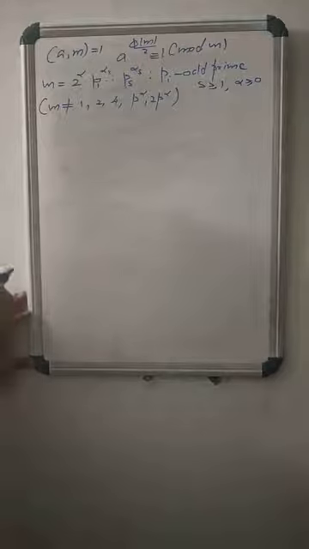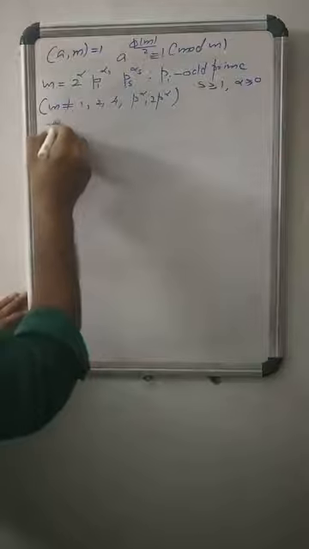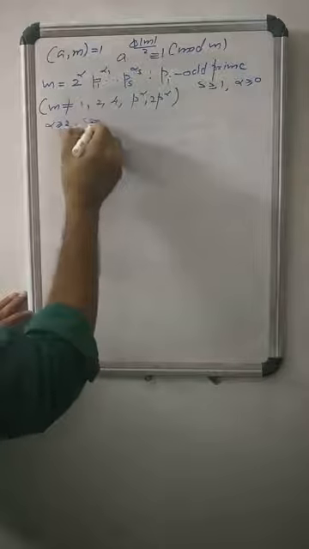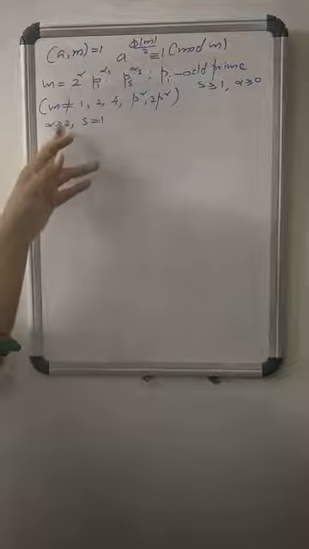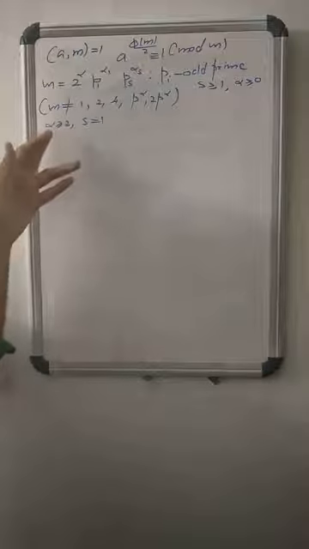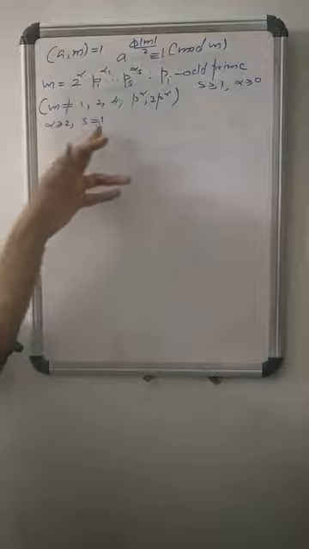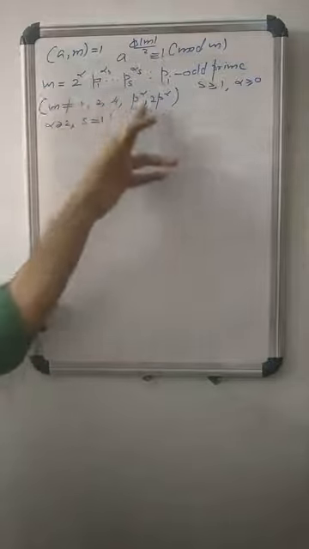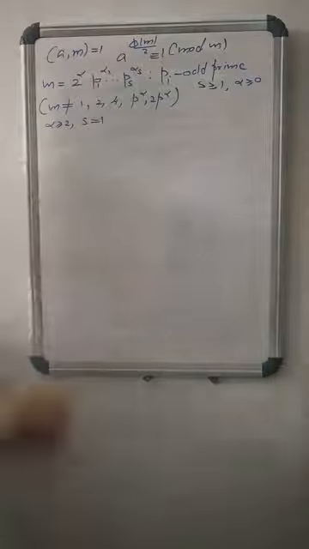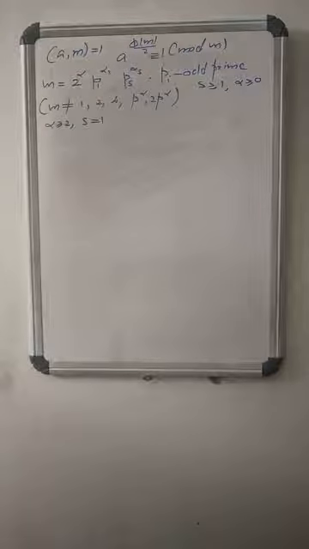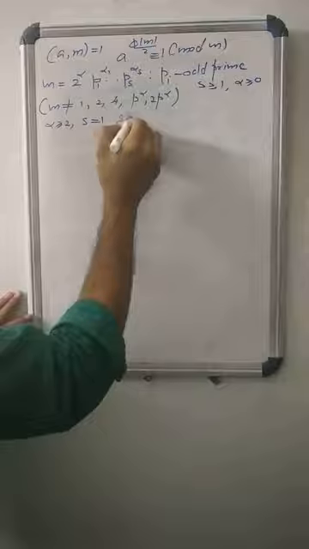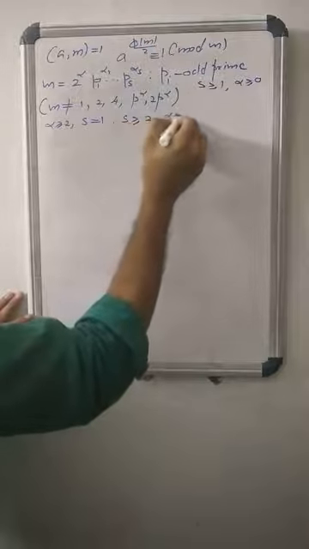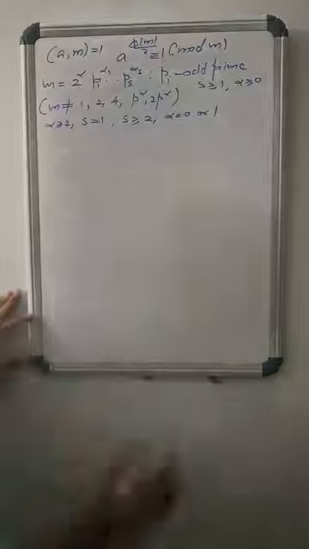Here when alpha is greater than or equal to 2, then s equals 1. Why? If alpha is 2, 3 or whatever it may be, and s is not equal to 1, then m is of one of the forms 1, 2, 4, p power alpha, 2p power alpha. And if s is greater than or equal to 2, then alpha equals 0 or 1.